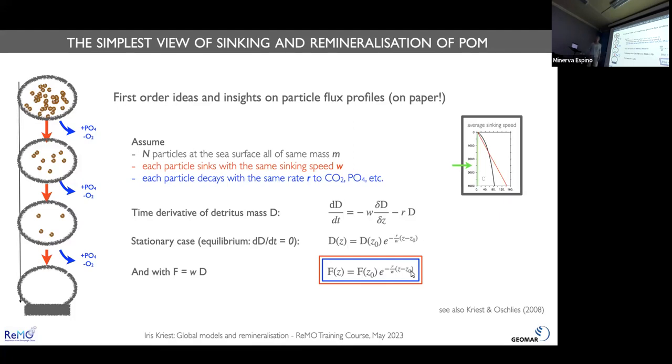That's an exponential flux profile. And we see on what kind of assumptions this depends. If you plotted the flux here on a log scale, this is the green line over depth. You see, of course, on a log scale, this would be a straight line. So that was a very simple case.